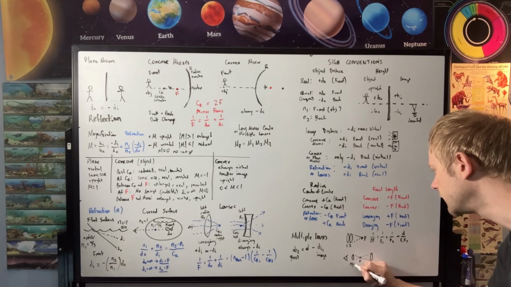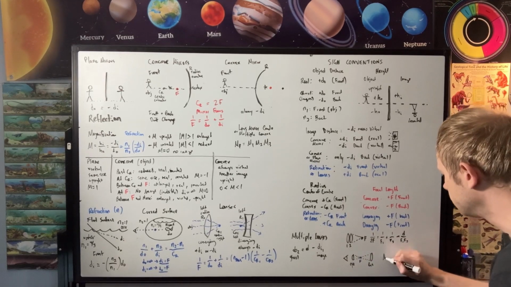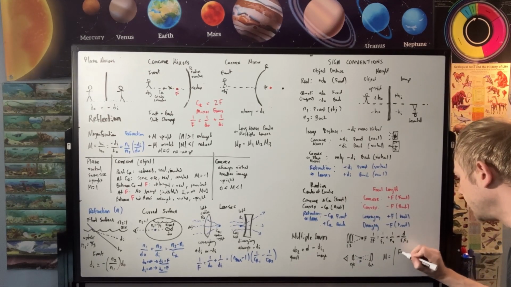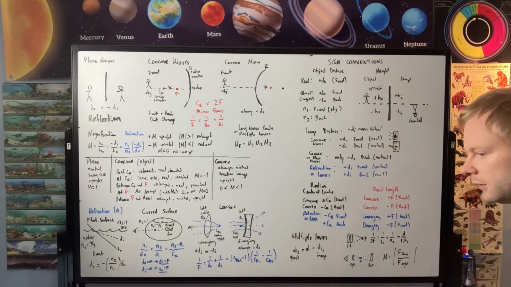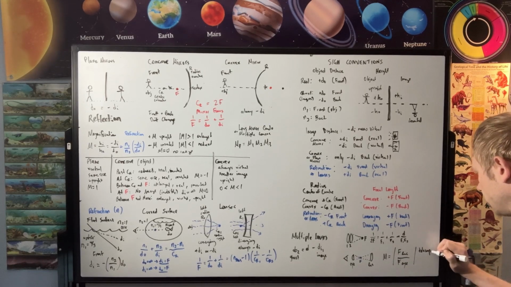So this is the eyepiece, this is the lens we're using, and if we have this set up, then the magnification is going to be equal to the absolute value of the f of the lens divided by the f of the eye, and this will be for telescopes or for microscopes.